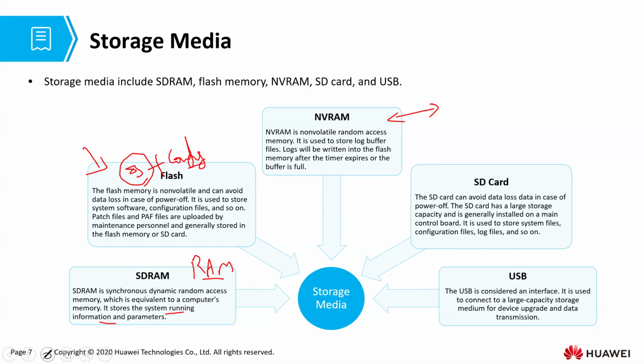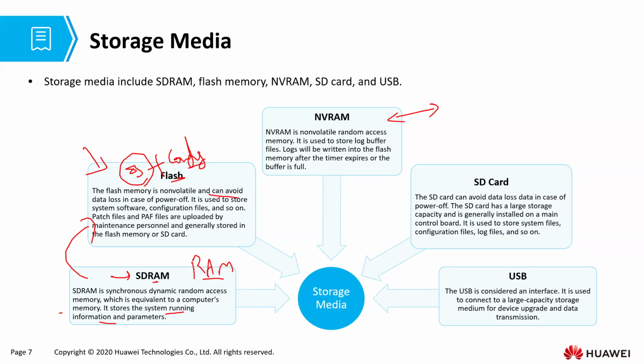These commands are saved in this storage medium, the RAM. If you save those configurations to the device, they are then moved to the flash. If you do not save them and the device reboots, you lose all those files, but if you save them, you move them to the flash, therefore you can avoid that data loss.